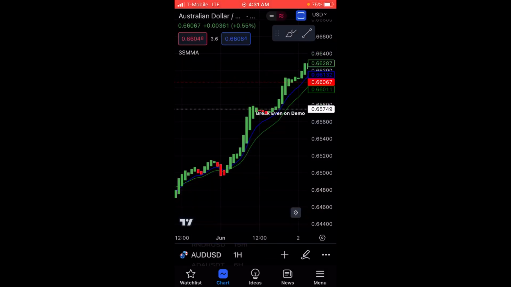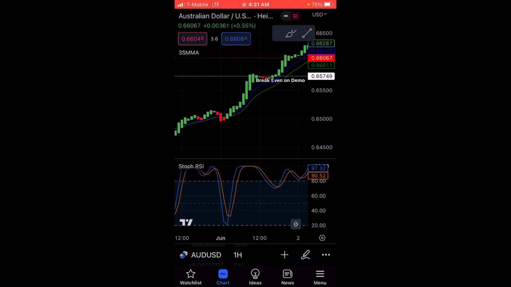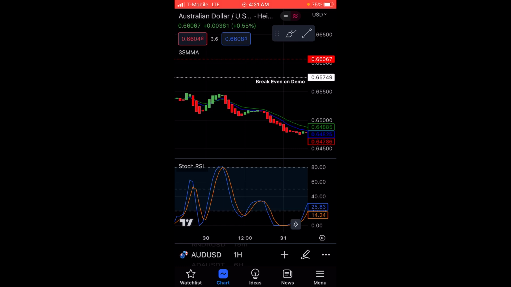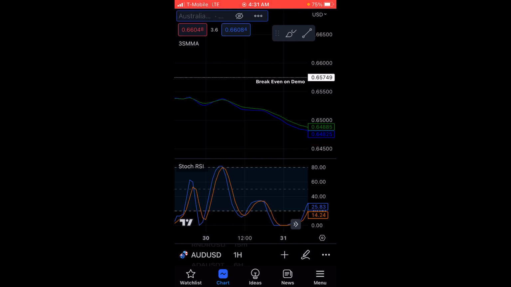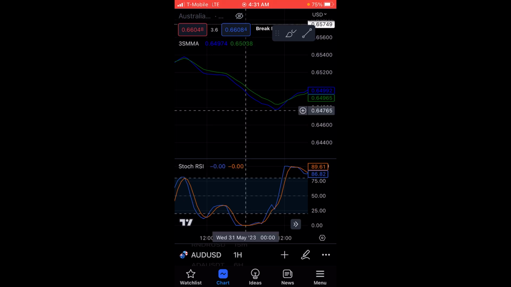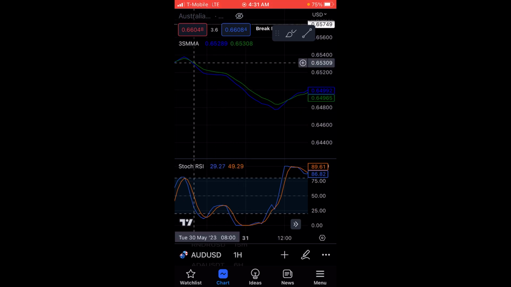I use the stochastic RSI to kind of help things too, but I really just follow the EMAs here on the hour, and it brings pretty good results here. So you see right here, it crossed right here, so you would do a sell here.